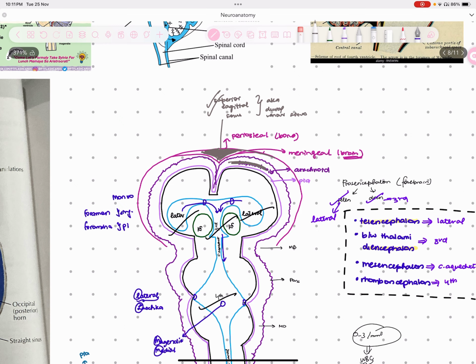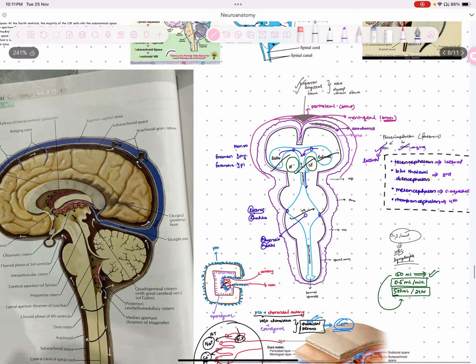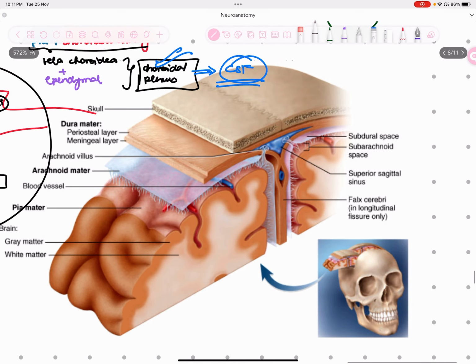Now this is one structure that you should know, and let me show that to you here as well. Here you can see this is falx cerebri. What is that? I'll tell you in a second. That's a layer of your dura mater. This is your pia mater, the innermost, then you have arachnoid mater. Between the pia mater and arachnoid mater, you have the subarachnoid space, where your CSF flows.